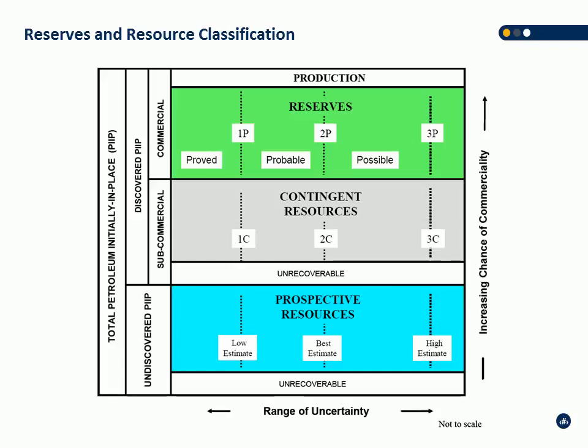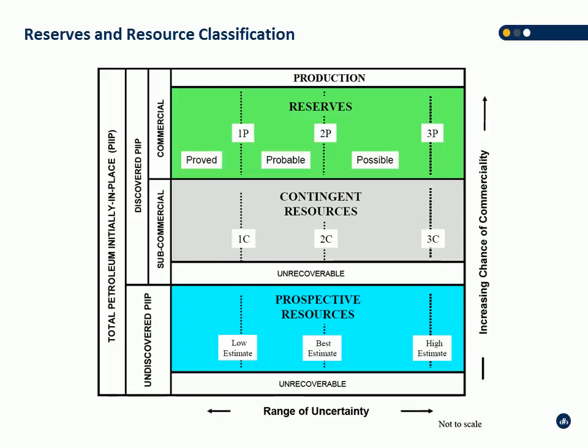Contingent resources were very rarely used. But when they were used, evaluators were a lot more lenient with them. They did not put the same degree of discretion on 1C, 2C, and 3C resources as they did on reserves.